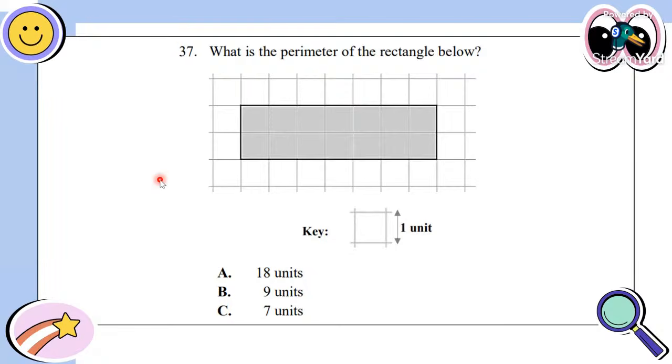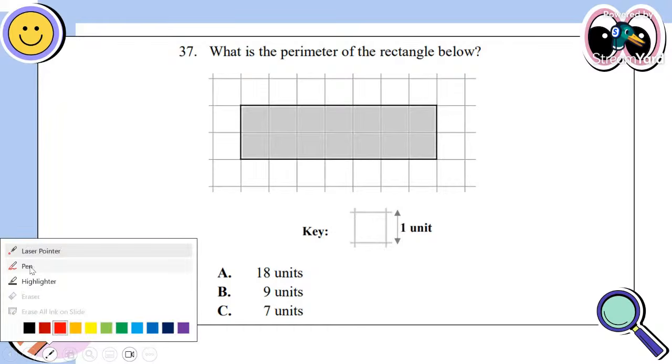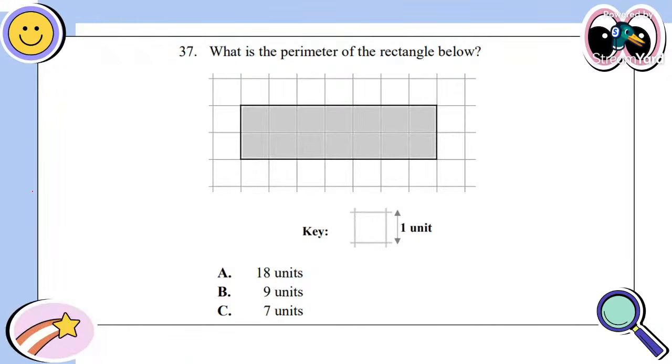And when we say total distance around, it is telling us we're going to add the length of each side. Now, the key, very important, says one side is equal to 1 unit. So let's go ahead and start measuring these sides.